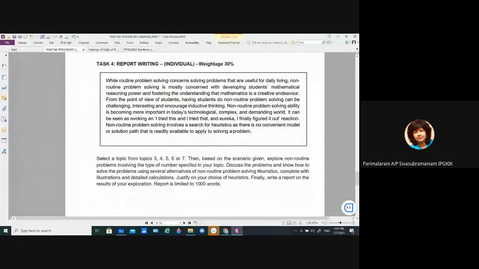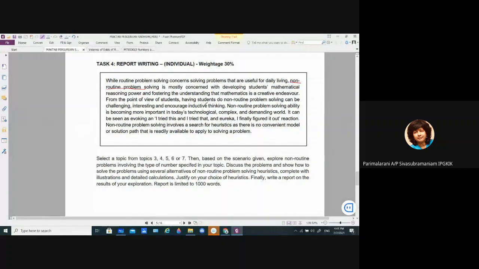Okay. While routine problem solving concerns solving problems that are useful for daily living, non-routine problem solving, okay, here we are focusing on non-routine problem solving. And this is mostly concerned with developing students' mathematical reasoning power and fostering the understanding that mathematics is a creative endeavor.